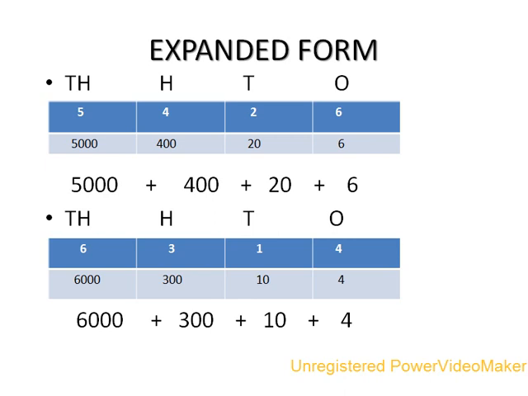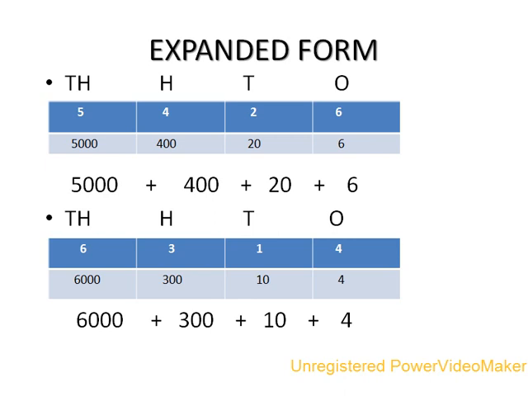See, 5, 4, 2, 6. The place value of 5 is 5000. The place value of 4 is 400. The place value of 2 is 20. And the place value of 6 is 6. So, I have written in expanded form 5000 plus 400 plus 20 plus 6.